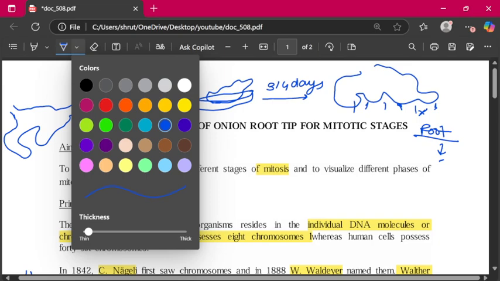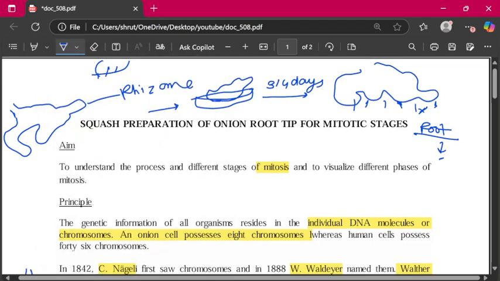So this is all about the squash preparation of the onion root tip for the mitotic stages.